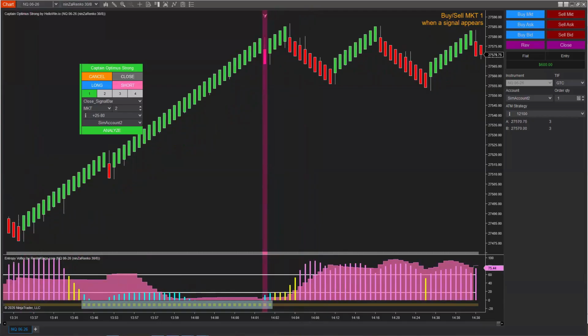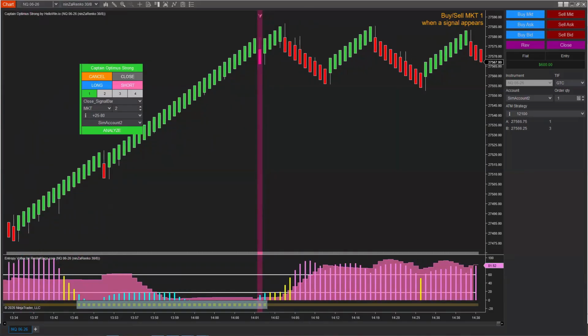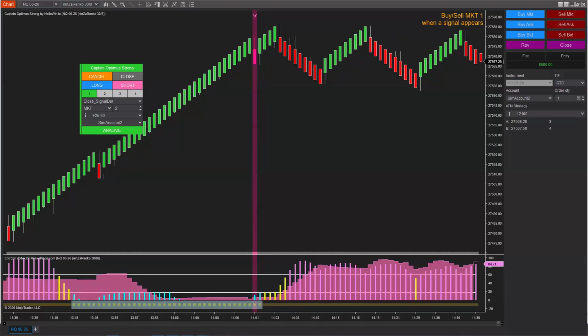Oh, no signal. I was really hoping there'd be a signal here. Not even for a profit or loss, just to show you how this works.